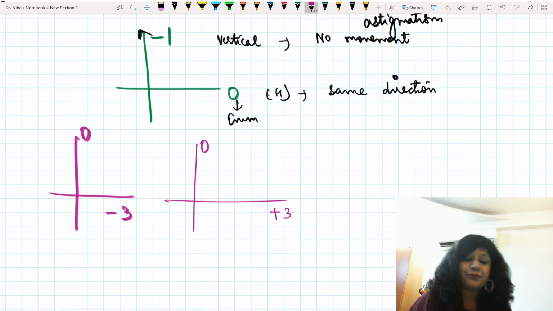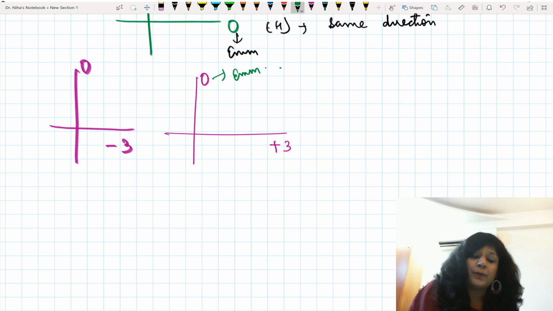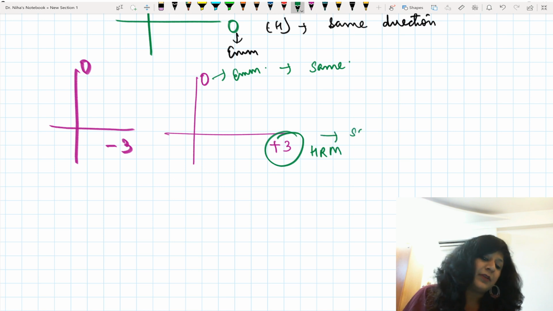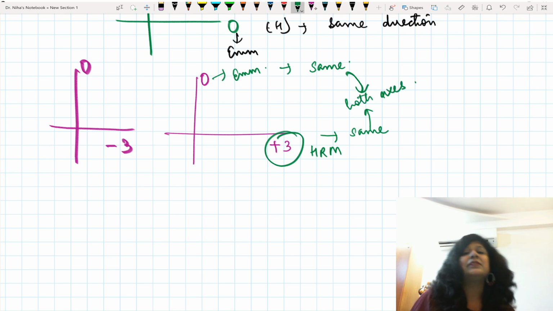So what will be the difference in the movements? Let us see one by one. Here one is having emmetropia. Emmetropia means same direction. This is your hypermetropia. Hypermetropia again means same. So here I will have movement in the same direction in both the axes. So their answer will be movement in the same direction in both the axes.